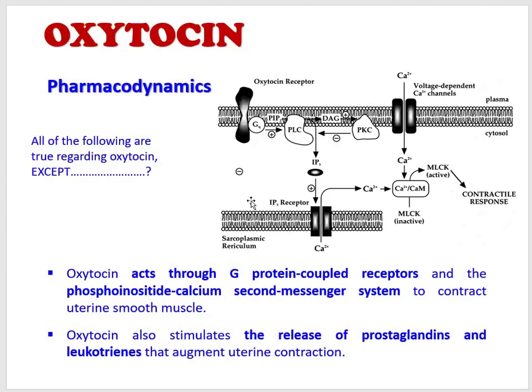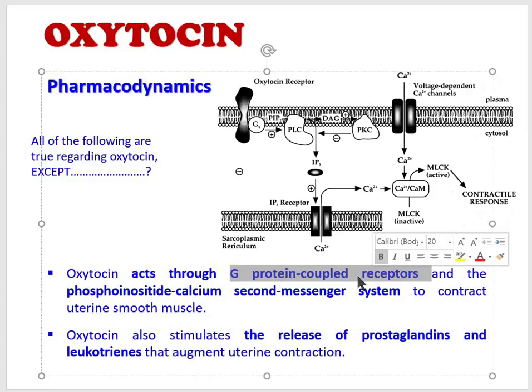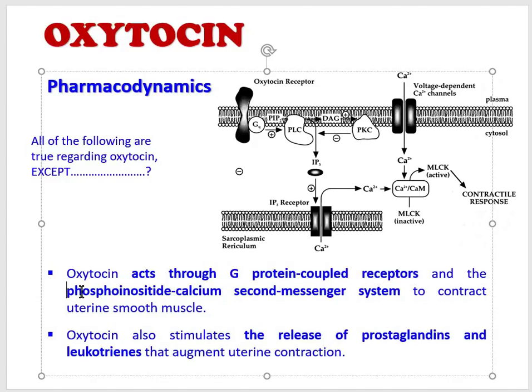Okay, so the next is the mechanism of action. Again, we discussed this in detail. The basic thing you have to remember is that it acts at G protein coupled receptors, and the effects are mediated by a secondary messenger system called the phosphoinositide calcium secondary messenger system.